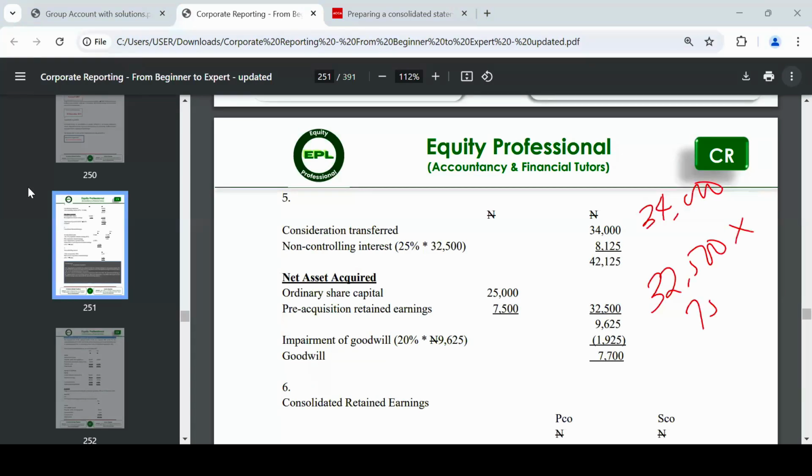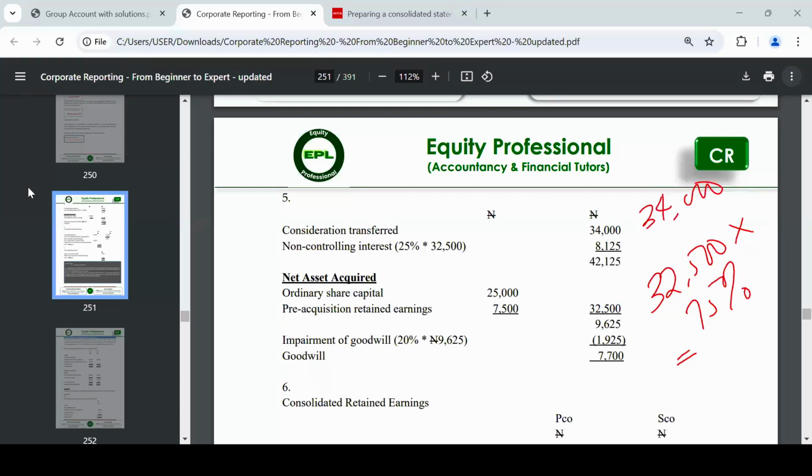If you do 75% of this, what do you get? You get 24,375. Now, if you take out 24,375 from the 34,000 that it paid, you will get an amount 9,625.